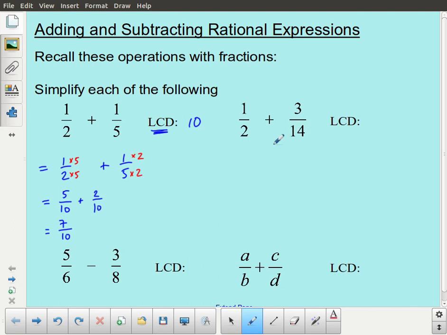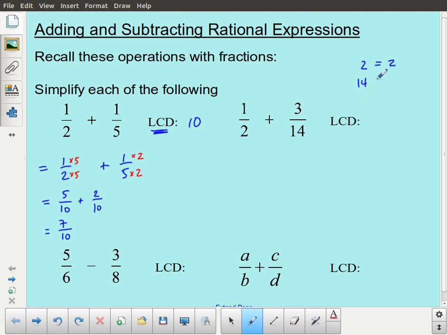Now this next one, not a lot more difficult. Like I say, this should be a very familiar review for most people, but in this case the numbers are not prime. So what I want to do is make sure the lowest common denominator has all of the factors of the respective denominators represented. So the number 2 is a prime number.